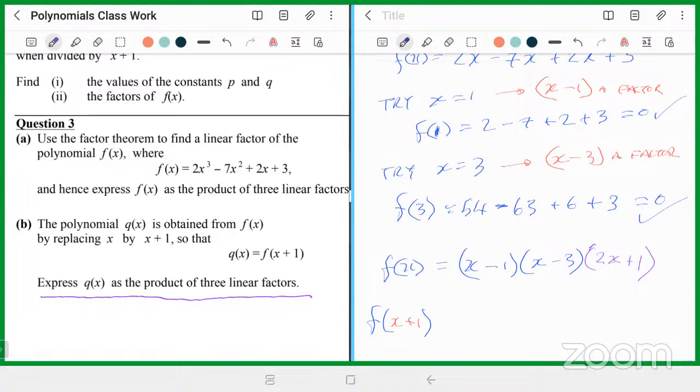Right? Because we're replacing this x with x plus 1. So we just need to replace this with x plus 1, this with x plus 1, and this with x plus 1. That's all we have to do. And we'll have the function. So we're going to put the x plus 1 there for that x. And then subtract this one.